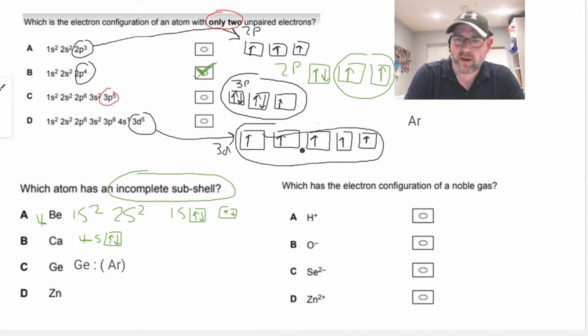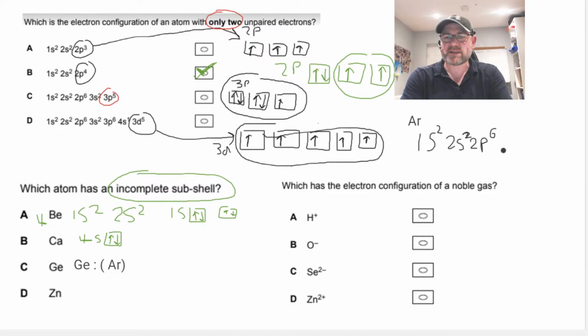I wouldn't normally do this, but just to show you, argon's is 1s2, 2s2. Remember, the second ring, just like in GCSE, can hold 8, but we just say that 2 of the electrons are in an S and 6 are in a P. The third energy level, you get 2 in an S and 6 in a P. And that's the first 18 electrons.